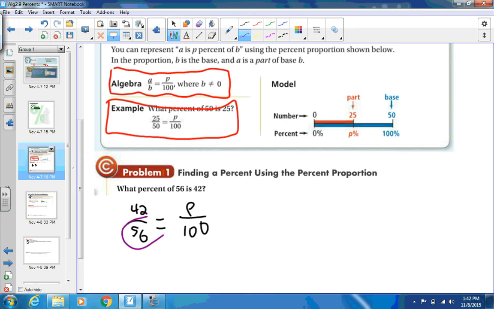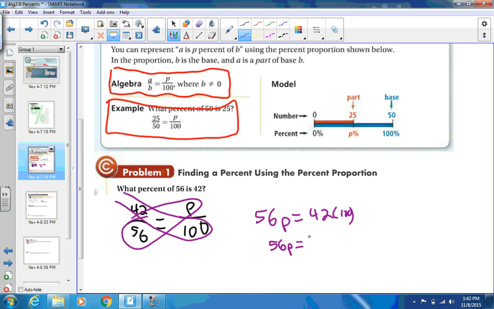So remember, we'll use our cross products. So 56 times P equals 42 times 100. So that'd be 56P equals 4,200. That's what it is if you multiply it out. And then you can divide both sides by 56 and get what P equals, because that'll cancel out.